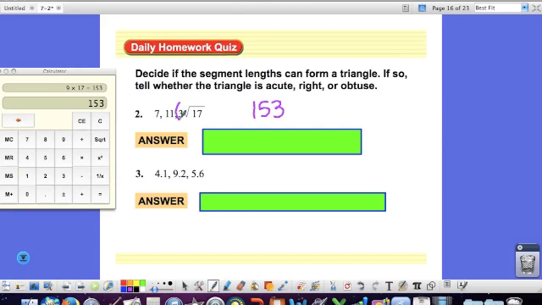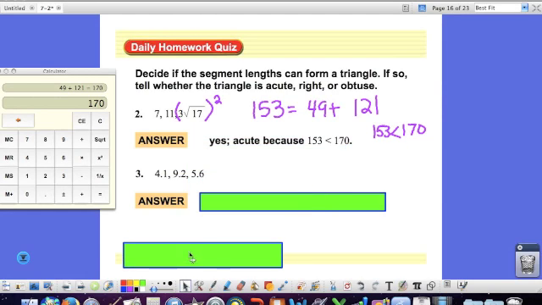That is 3 times radical 17 squared. 11 squared is 121. 7 squared is 49. 49 plus 121 is 170. Since 153 is less than 170, it's acute.